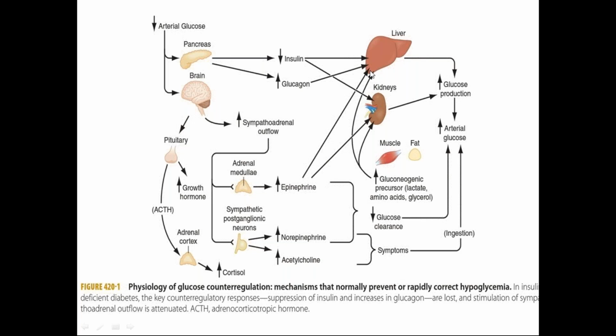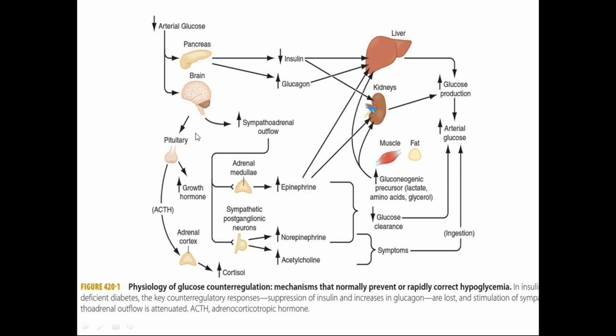In the liver and kidney, epinephrine mainly causes increased availability of gluconeogenic precursors like lactate, amino acids, and glycerol. Lactate is present in the muscle; when we do any work, the lactate gets accumulated in the muscle, right? So it will be available for these conditions. These substrates will be increasingly available.